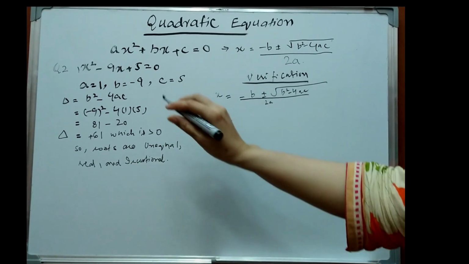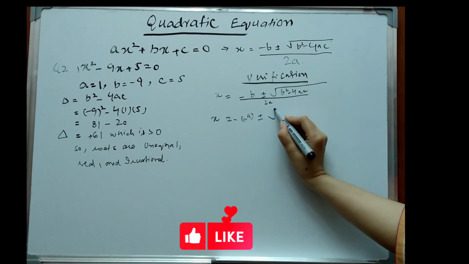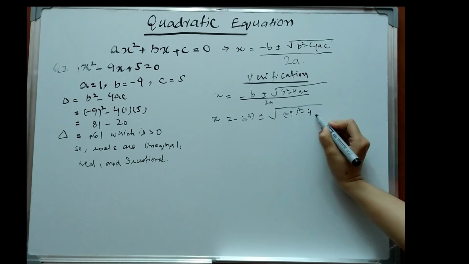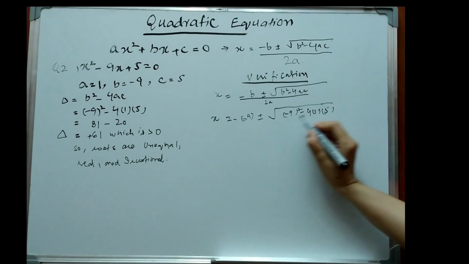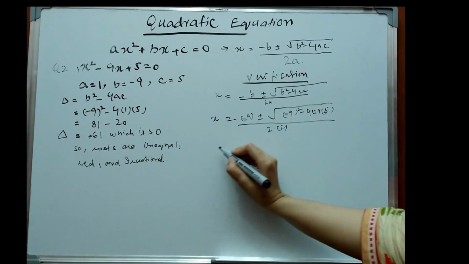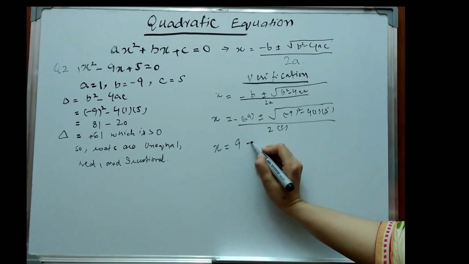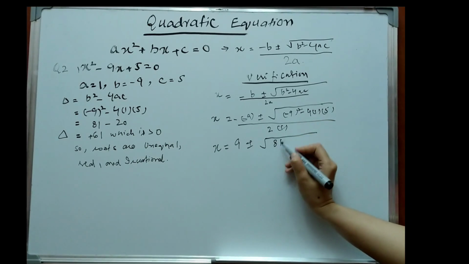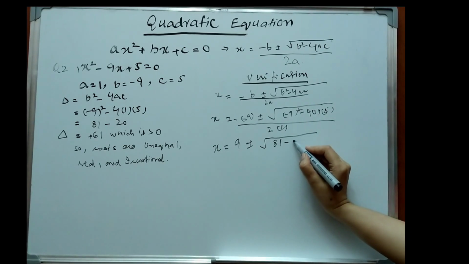The value of b is minus 9, so minus 9 whole square minus 4, the value of a is 1 and the value of c is 5, upon 2, the value of a is 1. x equals minus minus plus 9 plus minus root of 9 9s are 81, and the square of minus is plus, minus 4 5s are 20.